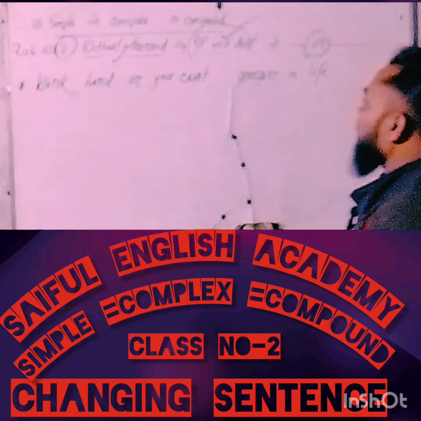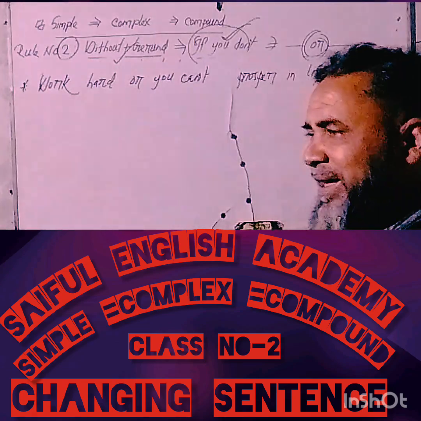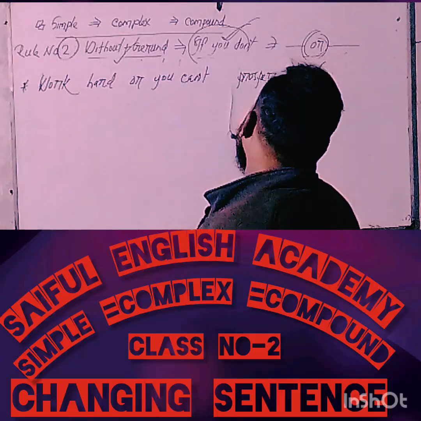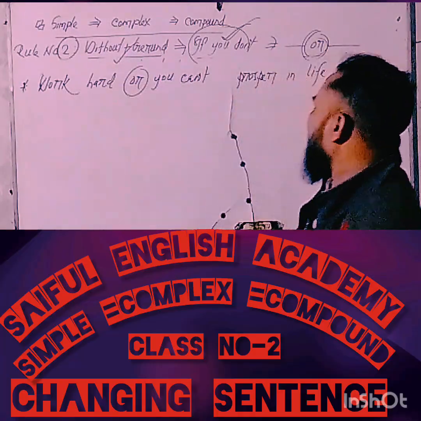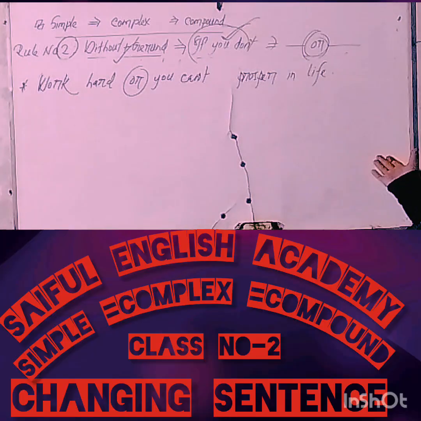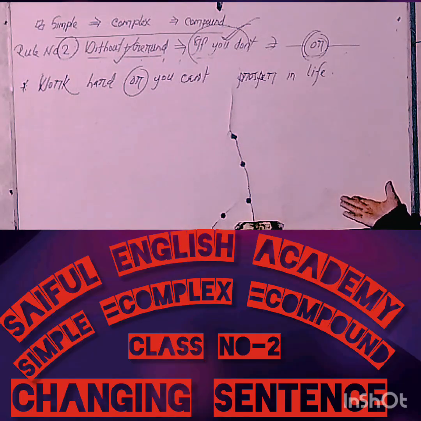Okay, what category of sentence is it? Of course, this sentence is a compound sentence because this sentence is mixed with or, and both sides are principal clauses. So we can say this sentence is a compound sentence.